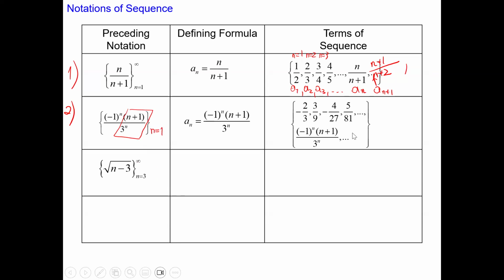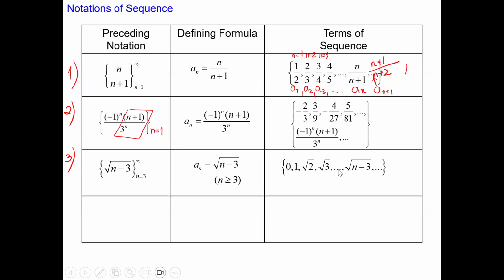Okay, formula number 3. Example number 3. Interesting, we have square root of n minus 3, and of course, algebraically, we're not allowed to have a negative number under an even root, so we have to start with 3. That's the formula and the indication, and those are the terms.